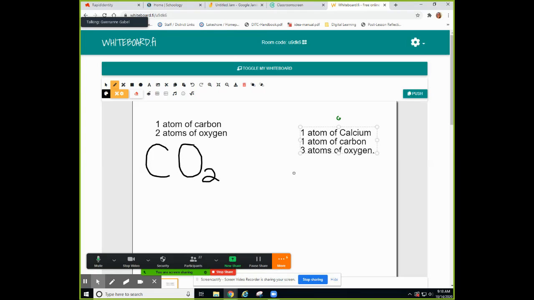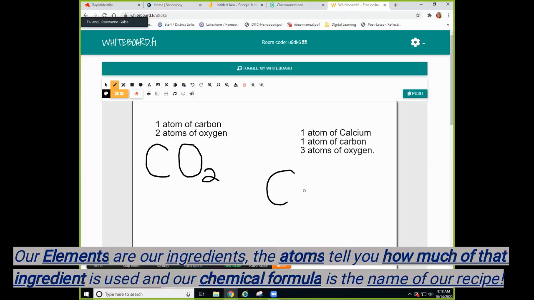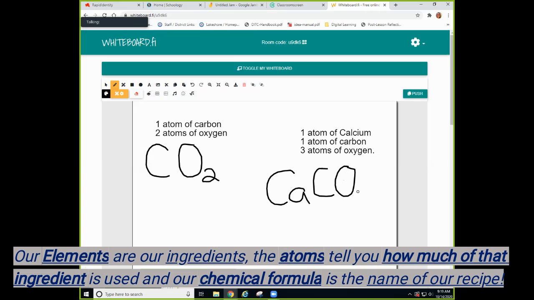So the chemical symbol for calcium is a capital C, a lowercase a. Then we have 1 atom of carbon. So we draw the letter C for carbon. 3 atoms of oxygen, capital O with a subscript of 3. Okay? So this is how we take the number of atoms and the element and we create a chemical formula for it.